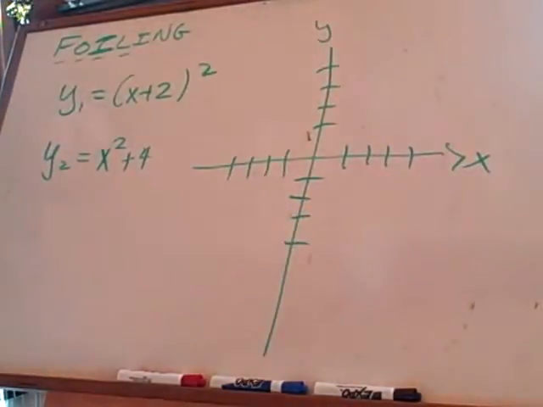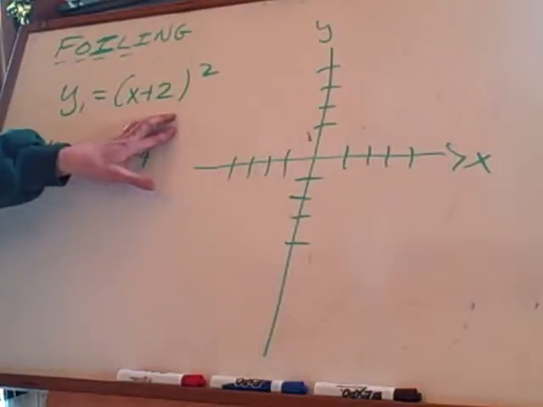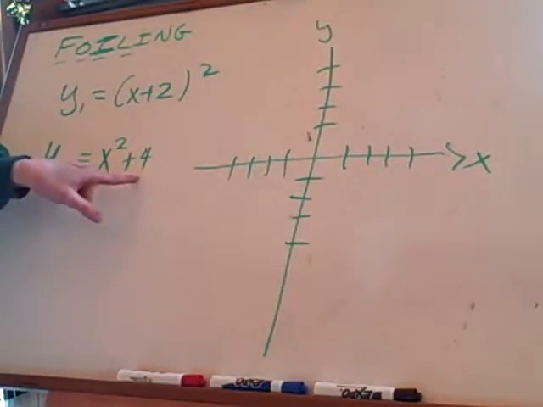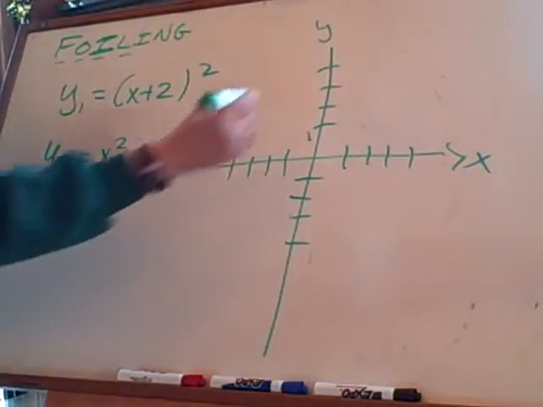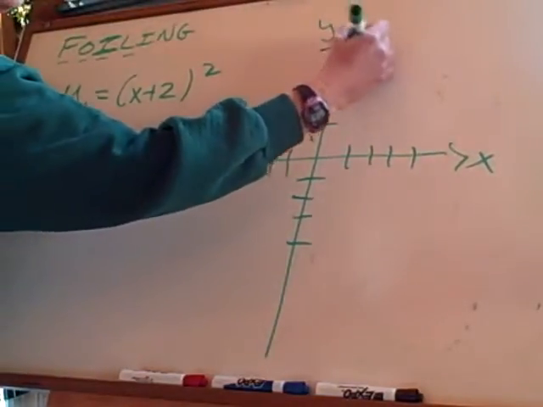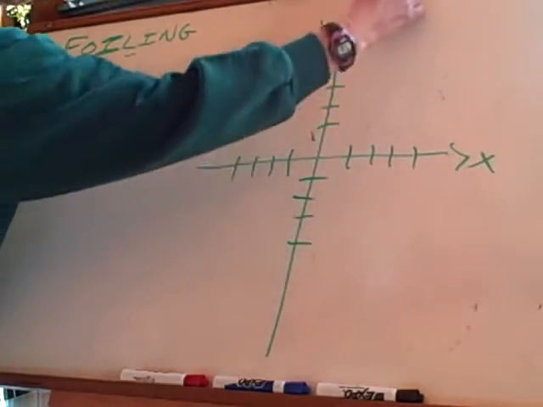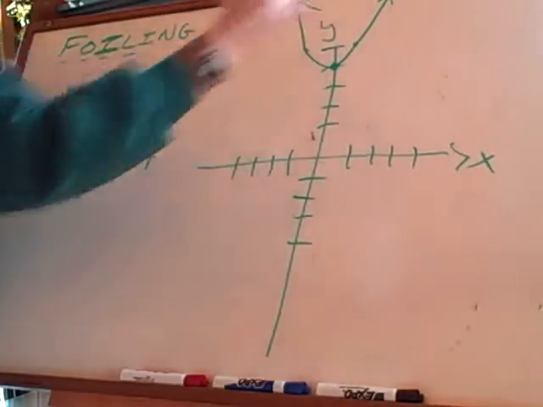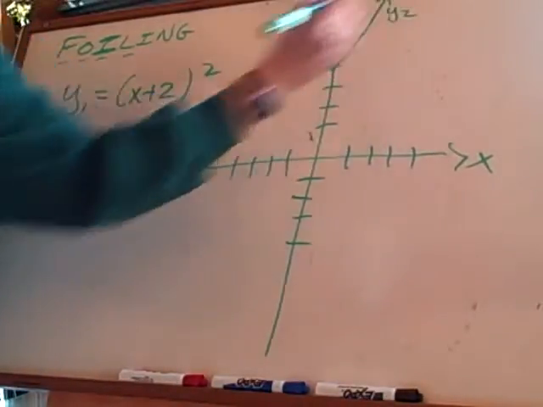Let's graph y2 first because I think it's easy. It's just your standard parent graph of x squared, only it's going to go through 0, 4. It's shifted up 4, so it's going to start here, and go 1 over here and 1 over here, and go out kind of like that. So that's my y sub 2.